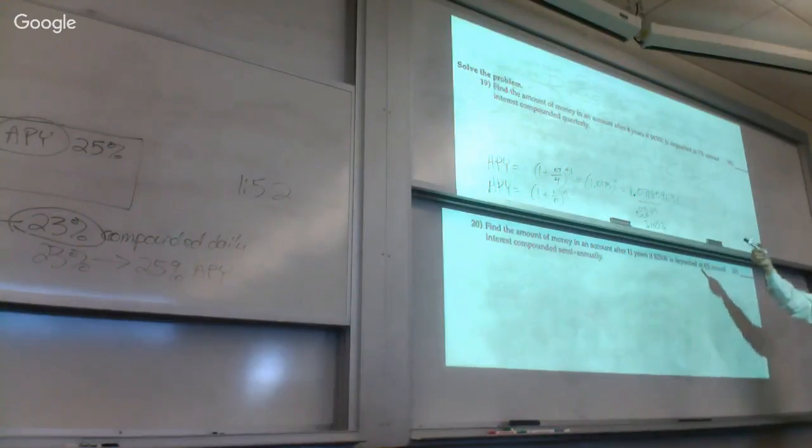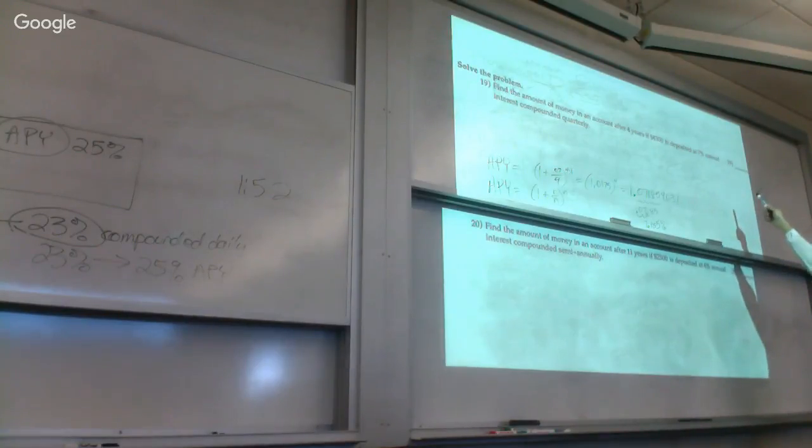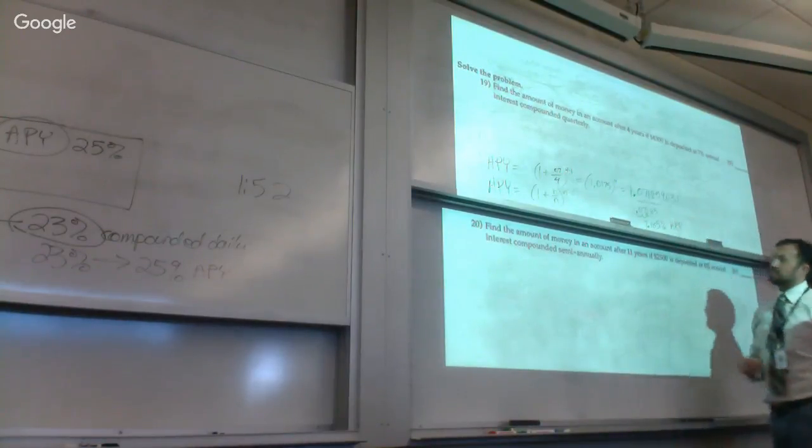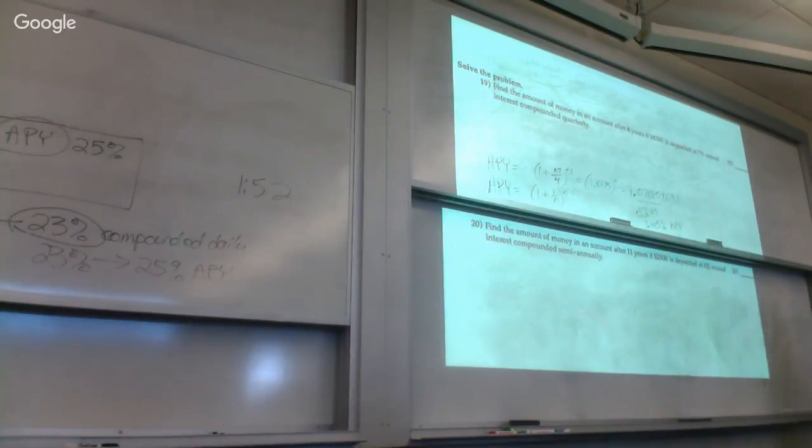Which you will notice is slightly higher than the advertised rate, because you're compounding the interest, you're getting a little more interest. So even though they're advertising a 7% interest rate compounded quarterly, the APY is 7.185%. That's what you're getting.